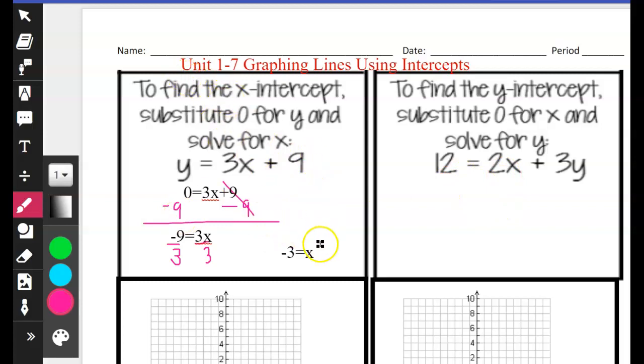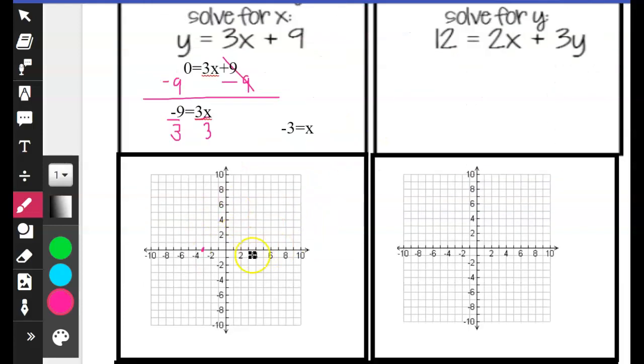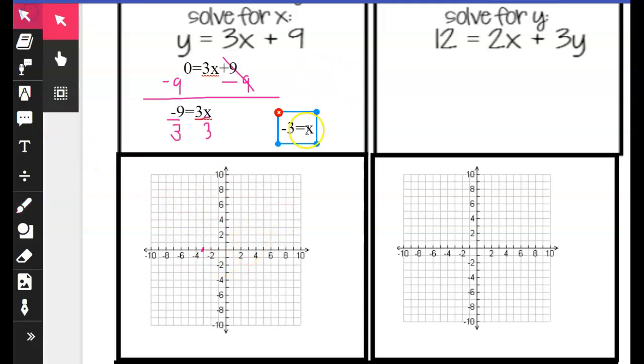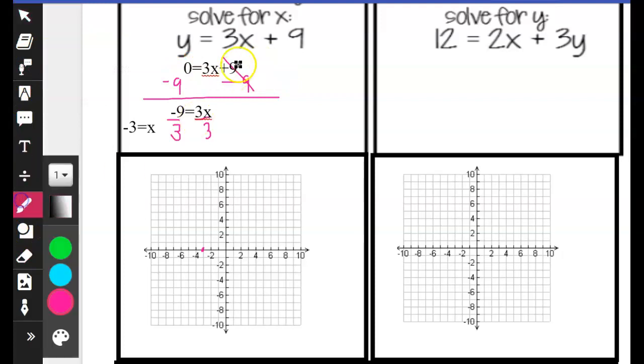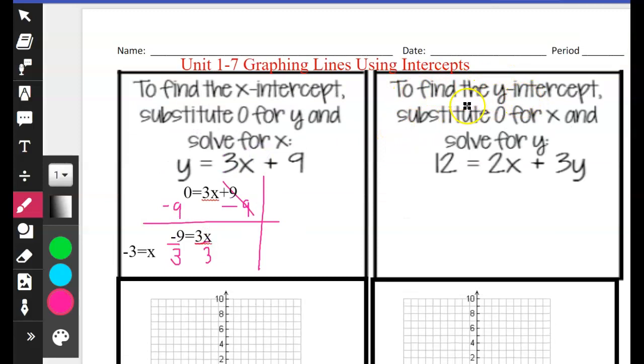Now, it doesn't tell me that I have to find the y-intercept, but if I'm going to graph it down here, I'm going to need 2 points. So I'm going to move this over here. And now we're going to solve for the y-intercept.